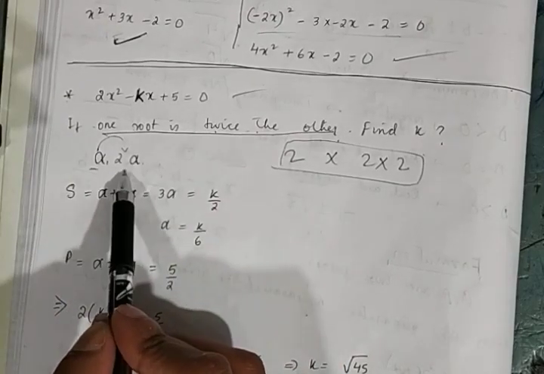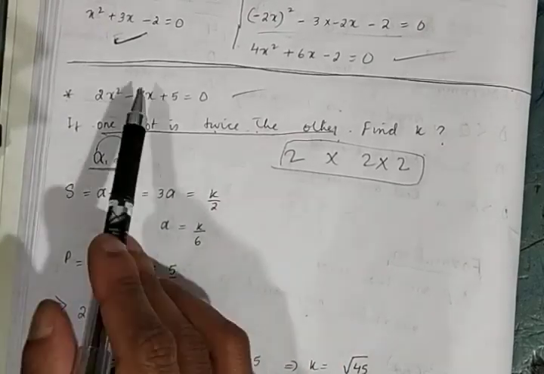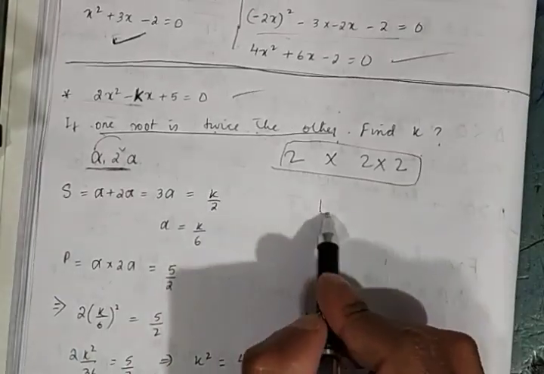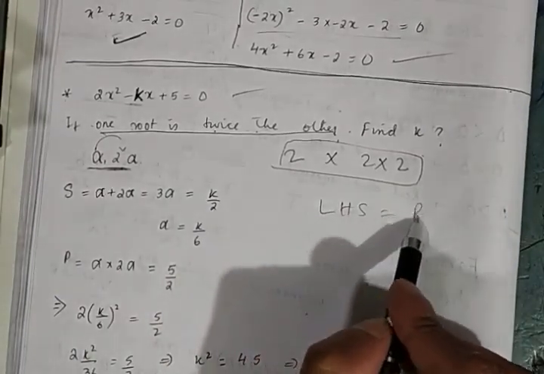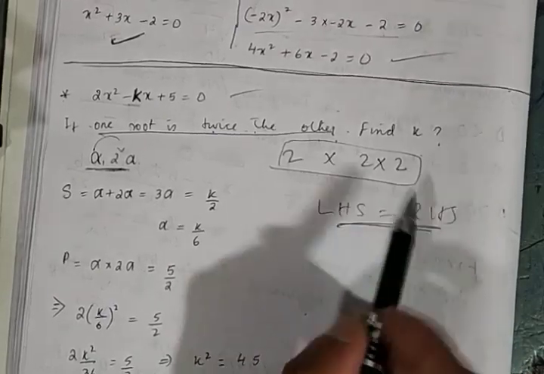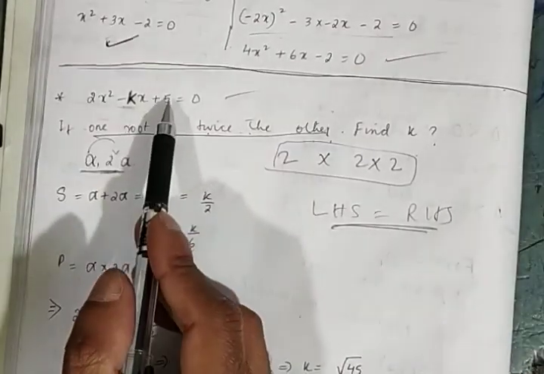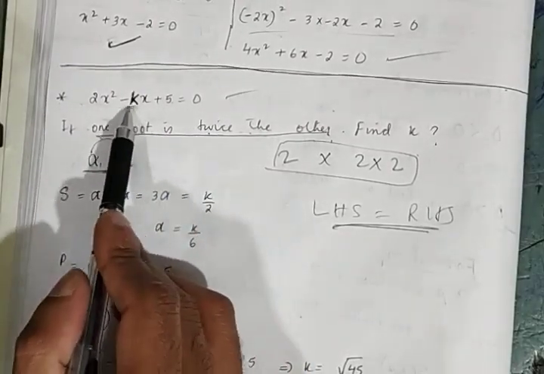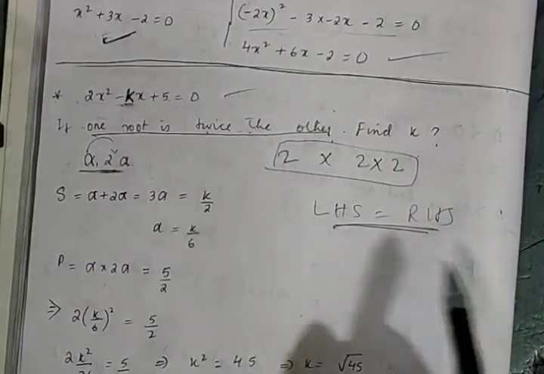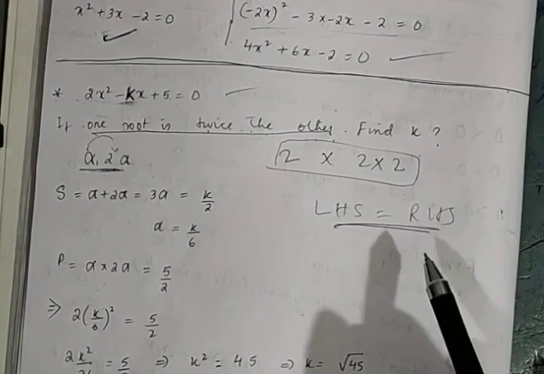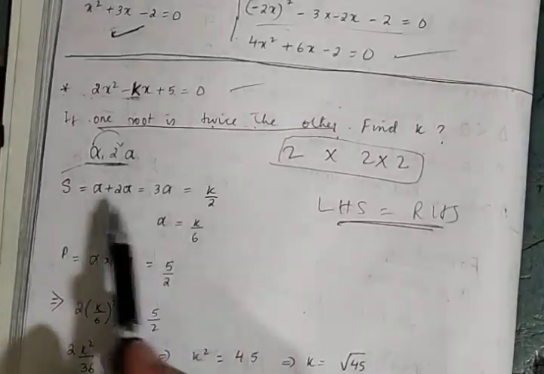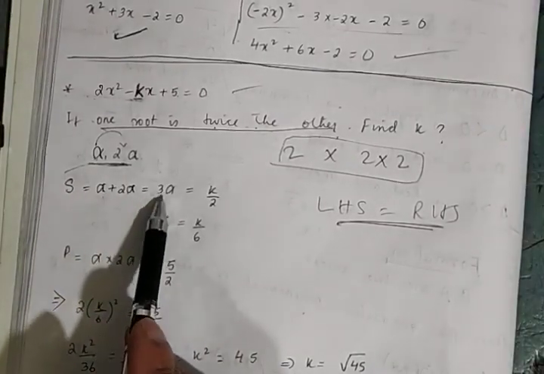Now alpha and 2 alpha, I know the roots. Now I have to find out the value of k. So to find out any unknown, I told you that I need left hand side and right hand side. But this one, you cannot split the middle term, no? 5 2s are 10. And how can you split this k? So you have to use the concept. I told you sum of the zeros and product of the zeros, very important. Find out sum. Sum is this plus this equal to 3 alpha.